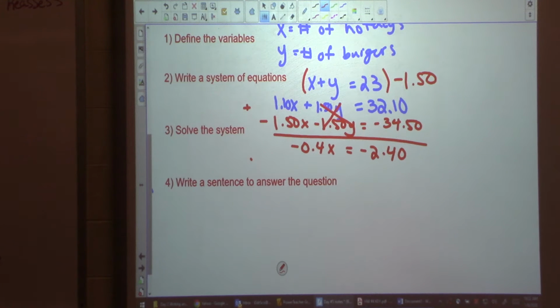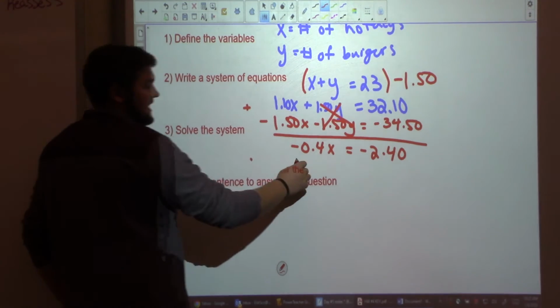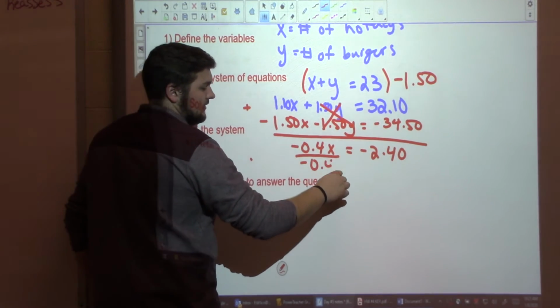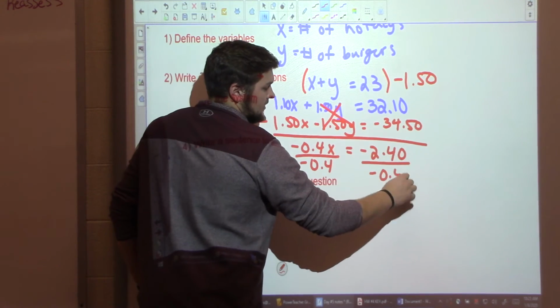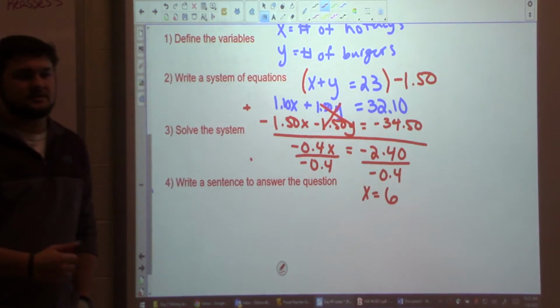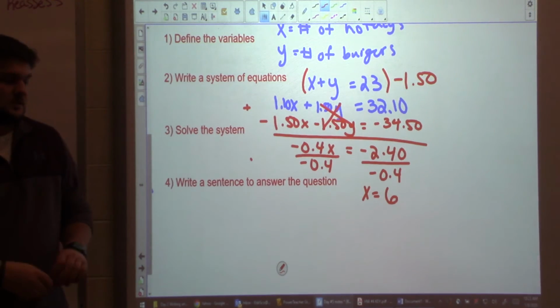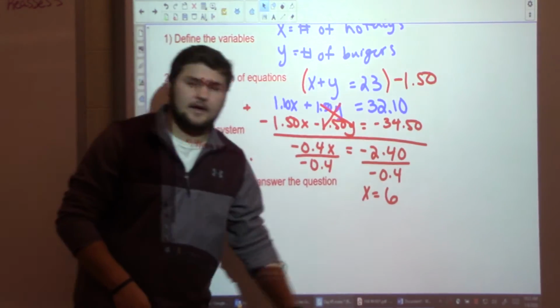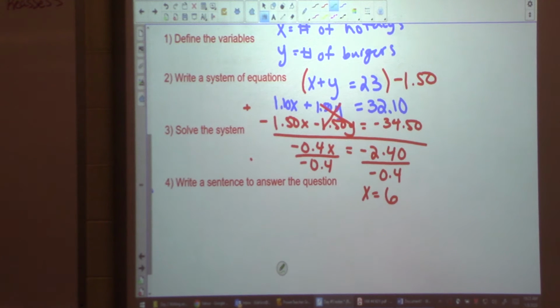Kind of. How do I solve from where I'm at? Divide by negative 0.4. I'm going to get that x equals 6, which means I need to buy 6 hot dogs.